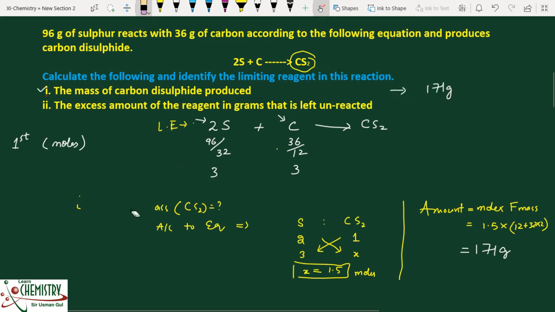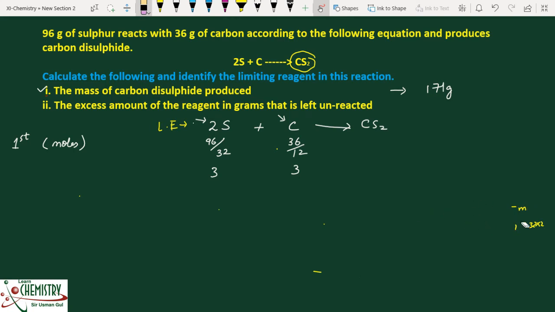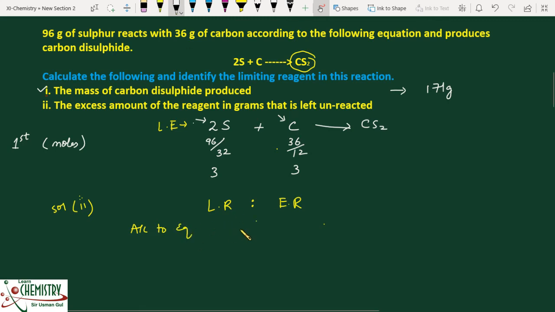Now let's talk about the second part, that is how to calculate the excess reactant that will be left during the reaction. For that I am going to take the ratio between the limiting reactant moles and the excess reactant moles. In our equation, the limiting reactant is sulfur and the excess reactant is carbon.